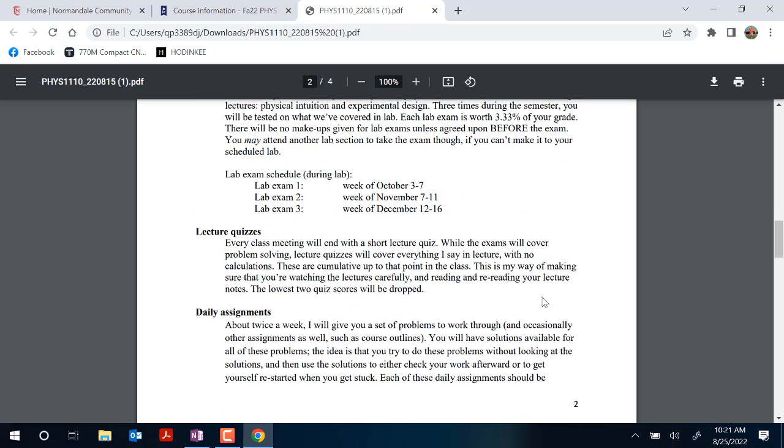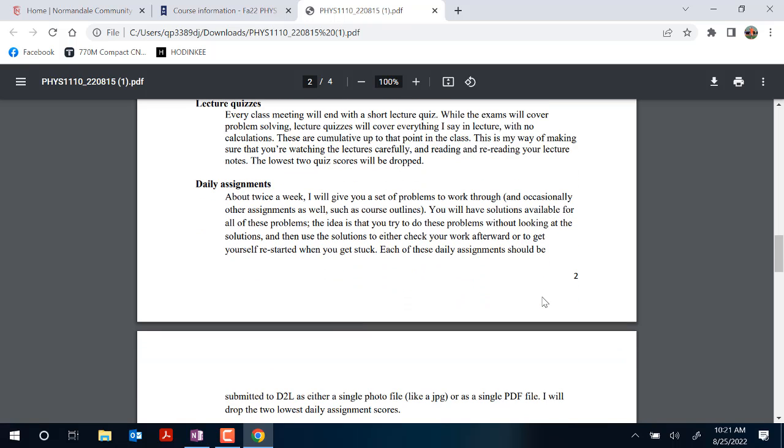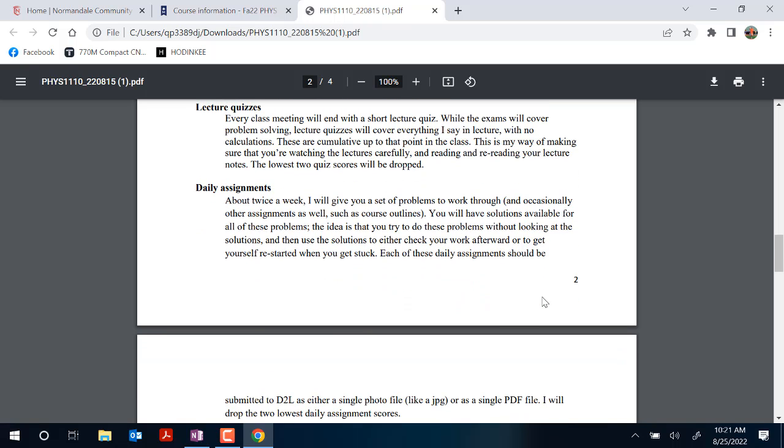Okay, so that's 10% of your grade. Then the lecture quizzes are 10% of your grade. Like all the assignments and the exams, those are all going to be problem solving using equations and coming up with numerical answers. But in order to build those skills, I need you to be watching all the lectures, paying attention, taking notes, and then going back and reviewing your notes.